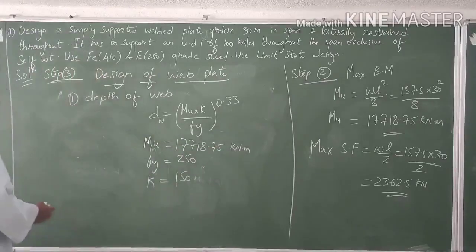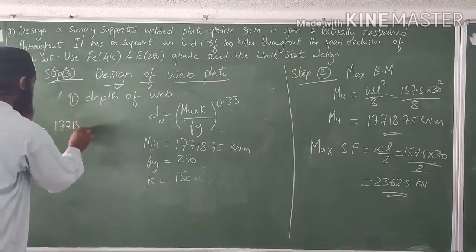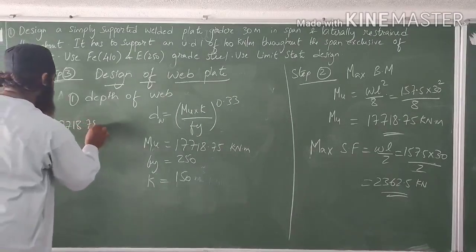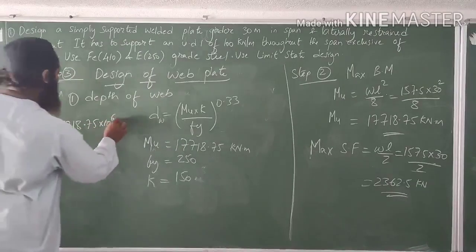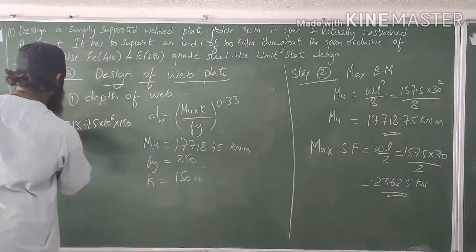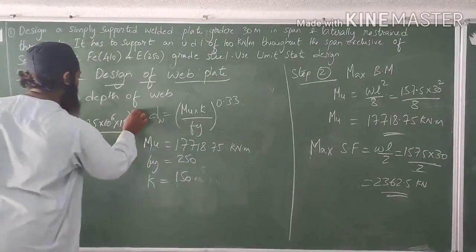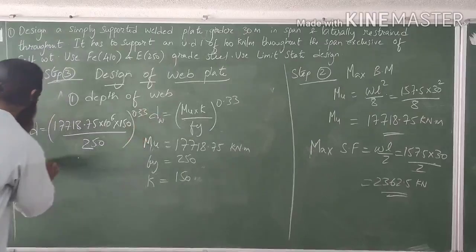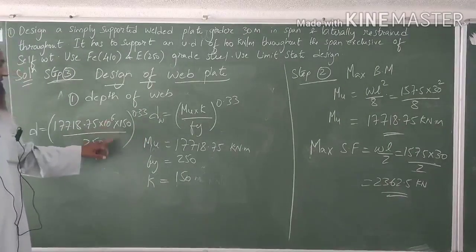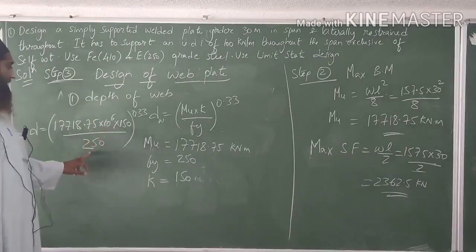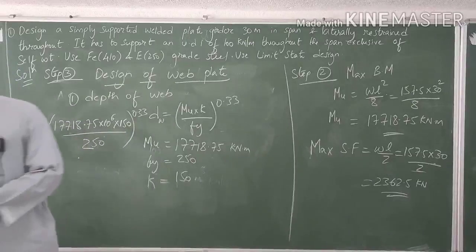I will just substitute these values. D is equal to (17718.75 into 10 to the power of 6 into 150 by 250) to the power of 0.33. We'll just calculate it.